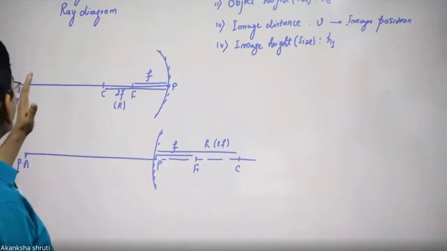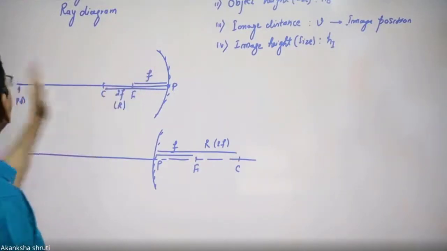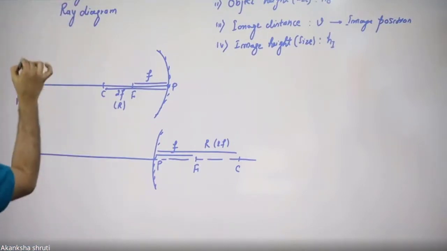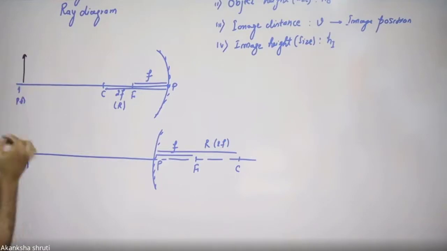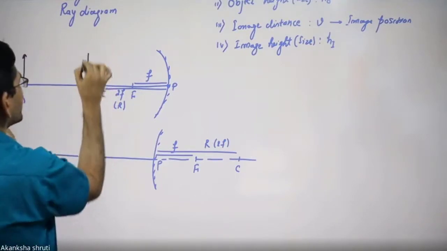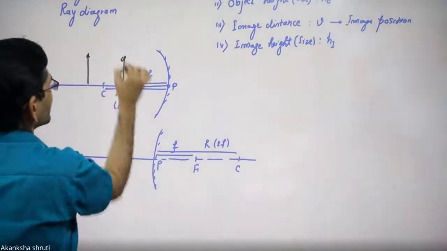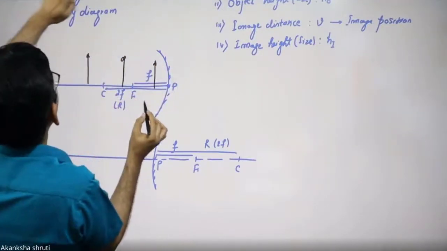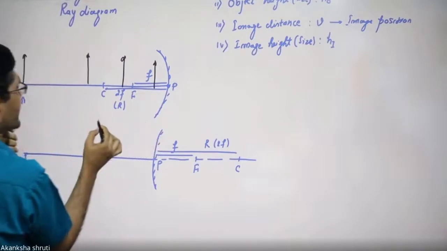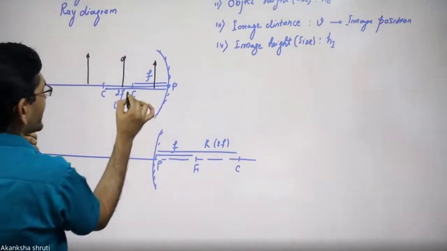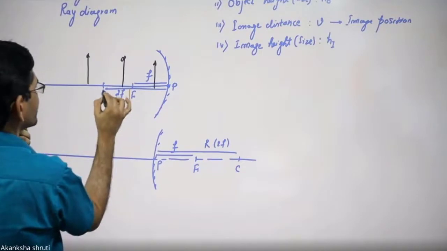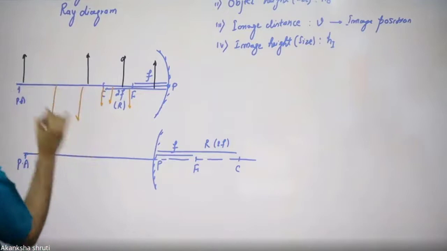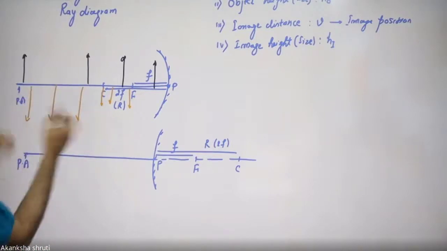While considering the object at different locations, somewhere here, or here, or even here, different locations can be taken. Accordingly, we had observed that the image was forming at different positions.